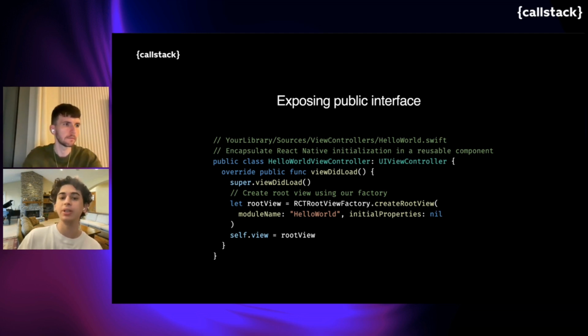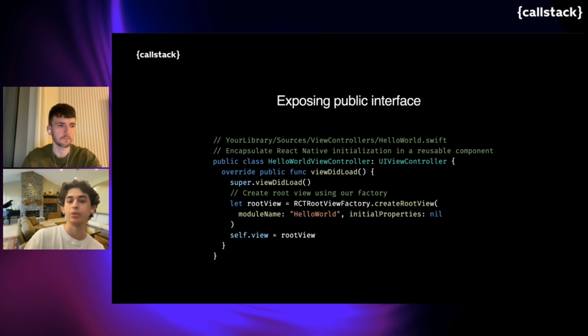So what we do is we design a carefully crafted public API interface. We typically expose a view controller like in this example, but we can also pick to just ship a view. You don't have to always ship a view controller.